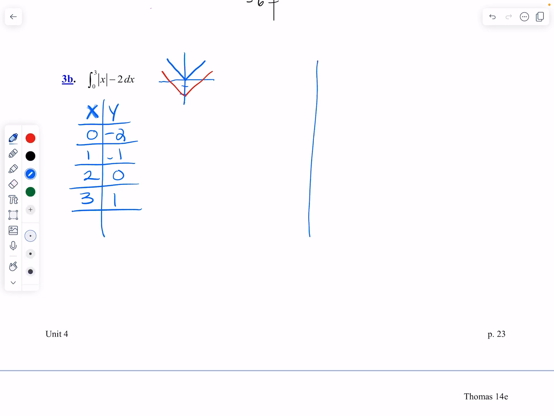So I'm going to go ahead and make a chart here. Okay, and I'm doing 0, 1, 2, 3. I'm just going to go 3 in each direction.